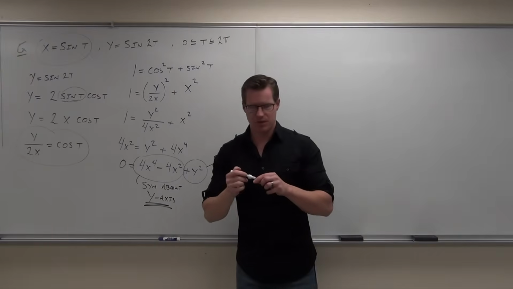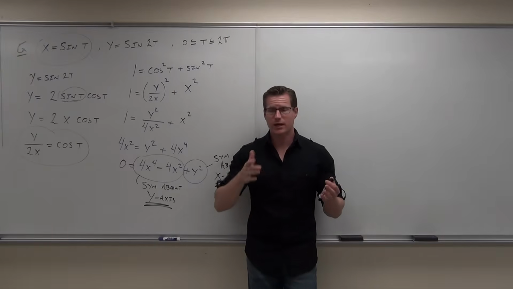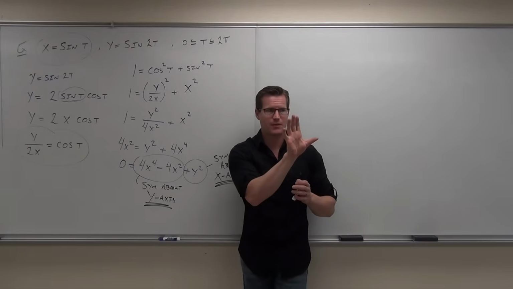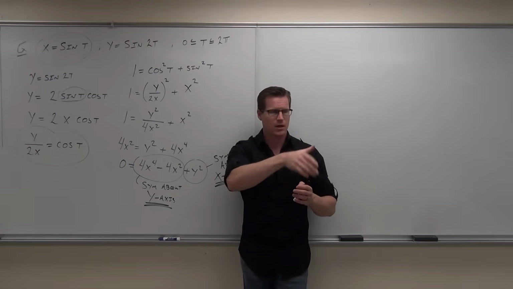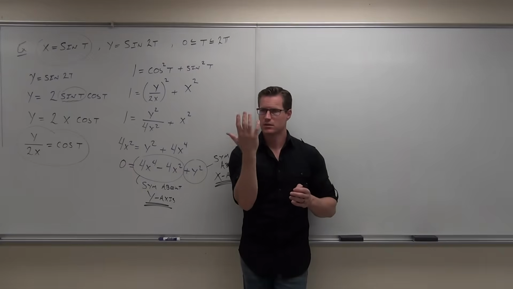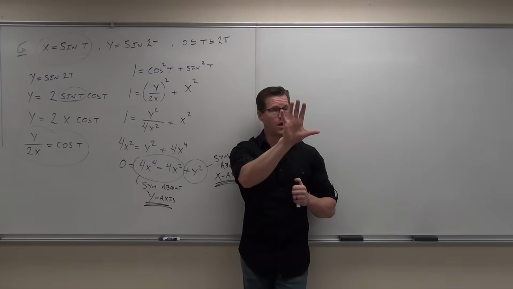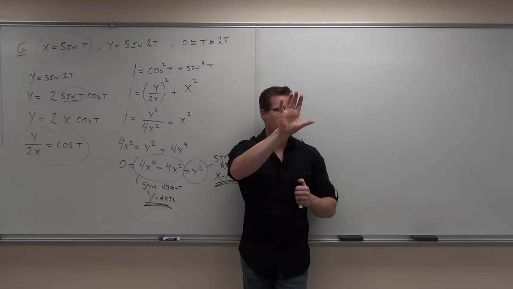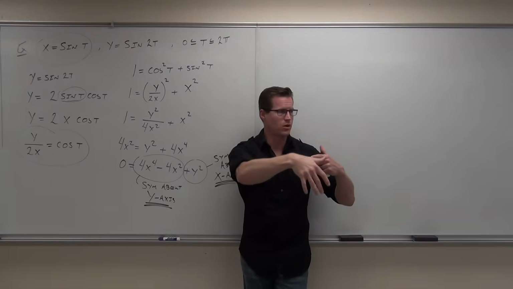So here's the point I'm trying to make. Even though this doesn't give you an exact picture of what this graph is going to look like, it tells you that it's symmetrical about the x and it's symmetrical about the y. Basically, you just need to plot the points in quadrant 1, and then you get quadrant 2 for free. Then you get quadrant 3 for free, and by the transitive property, you get quadrant 4 for free.